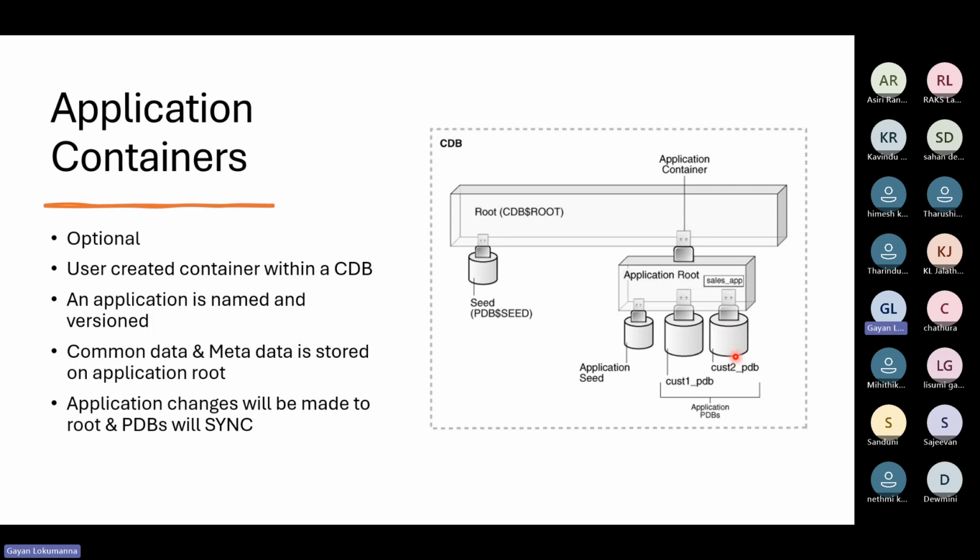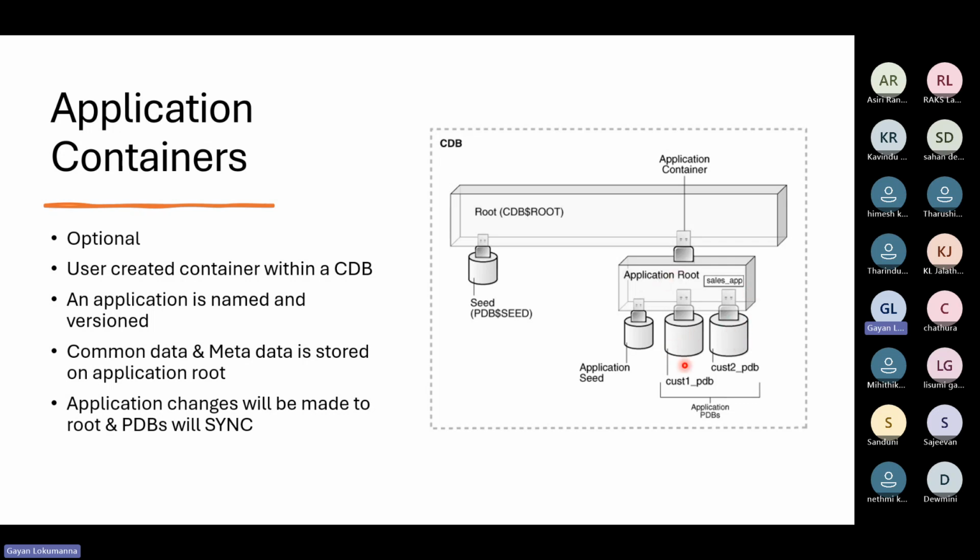So as an empty table, or maybe with some data that you have already inserted at the application root, it will be visible here. But for this pluggable database, this table may not allow inserts. So it will be more of a reference table coming from the application root.